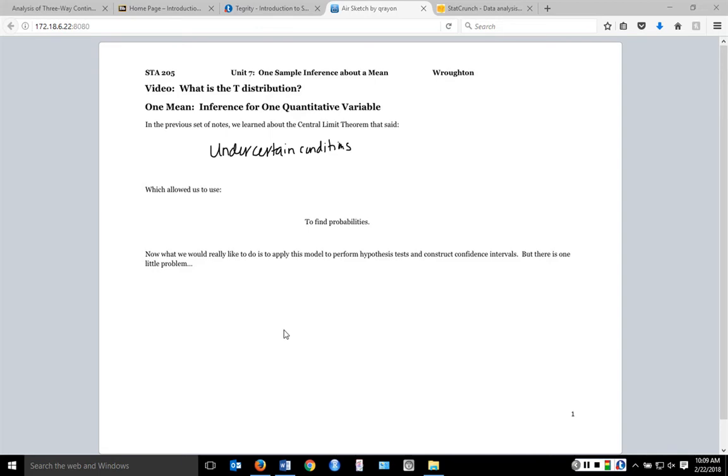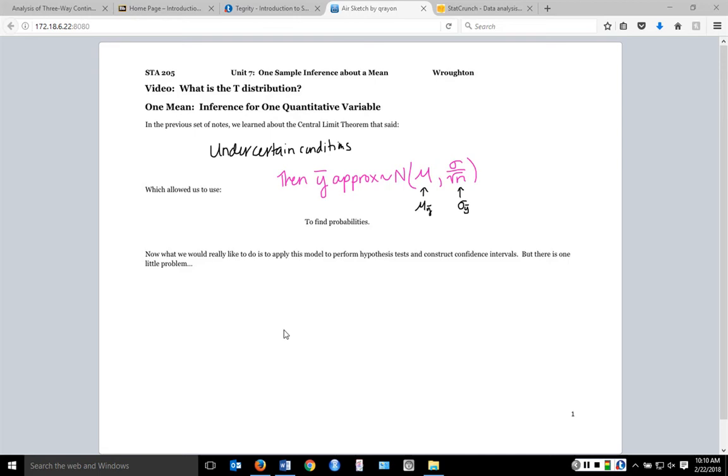We could then say that our y bar would be approximately distributed normally with a mean of mu and a standard deviation of sigma over the square root of n. So this is our mean of y bar. This is our standard deviation of y bar.